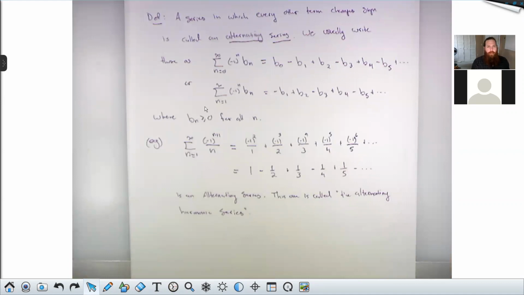And I hope you see what I mean by saying this is the standard notation, but it doesn't always look like that. The power of -1 here isn't n, it's n plus 1, but it still does the same thing. Still makes you flip from plus, minus, plus, minus, plus.